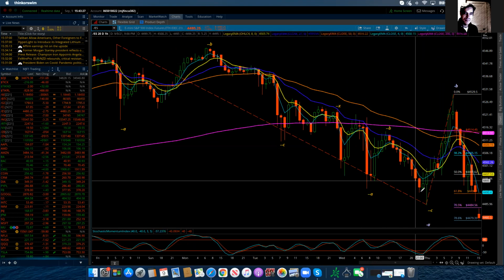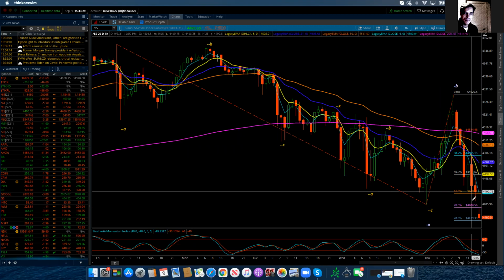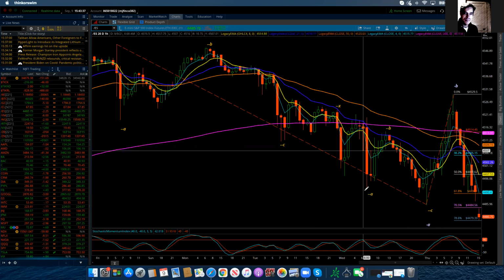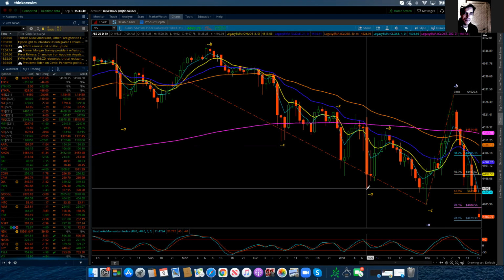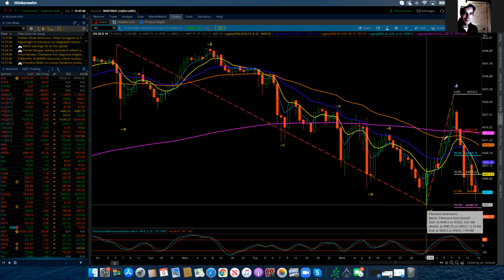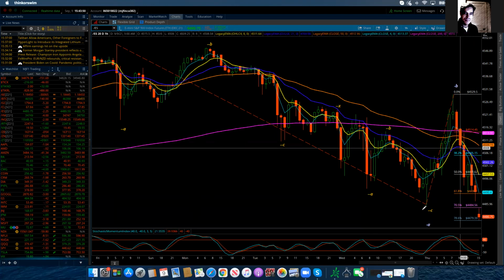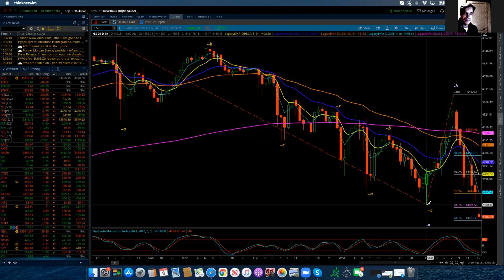We had an initial slide, which actually happened in Globex overnight, where it went down and made a new low beyond yesterday's low. The market came back down, made a new low, and then rallied strongly, and then started to come back down again. In fact, it has moved to a new low below our Globex session low from this morning.